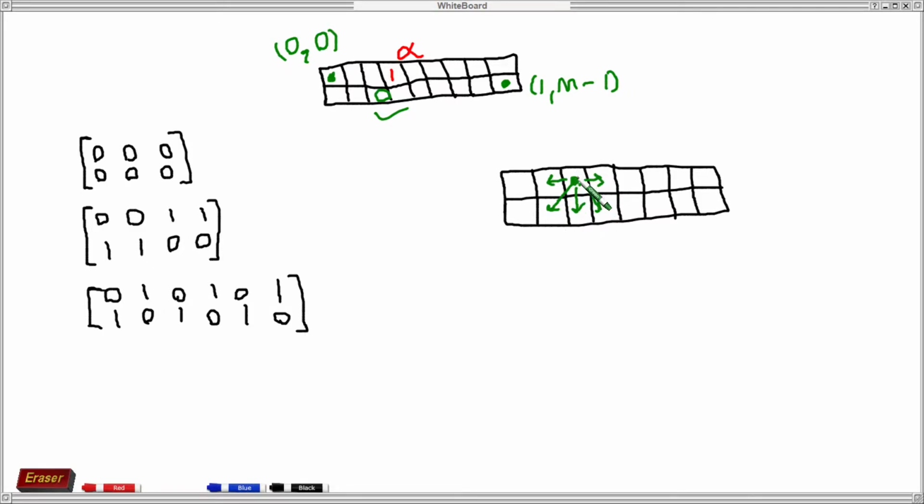From this cell we can go to all of these cells, and if we are on this cell, then we can go to all of these cells provided each cell has value 0 only.